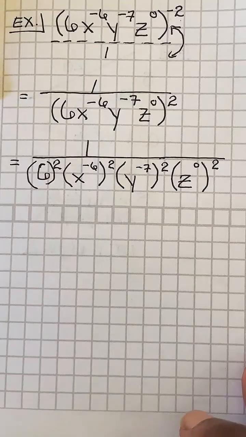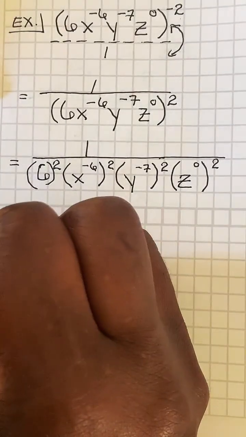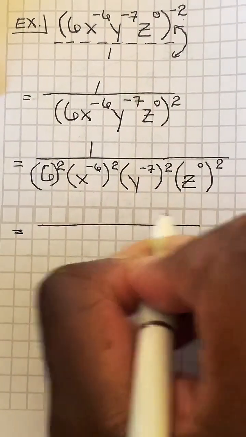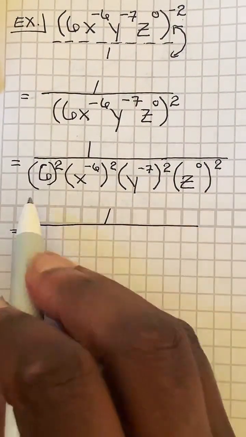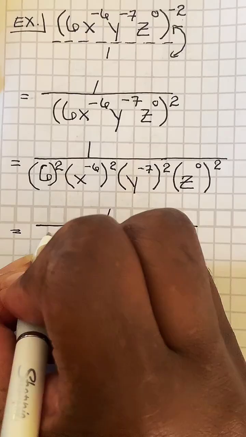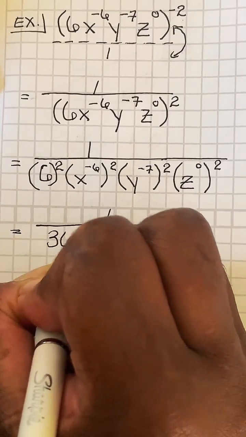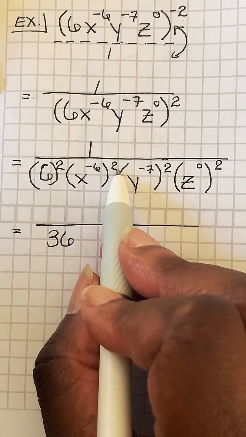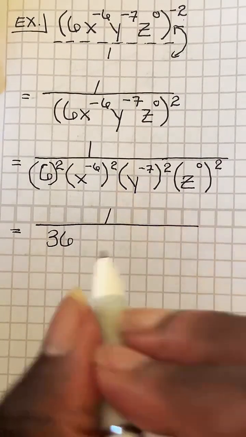So now let's do a little bit more math. So equals, we have our 1, 6 squared, that's where the 36 is coming from. When you have an exponent being raised to an exponent, you're multiplying them.